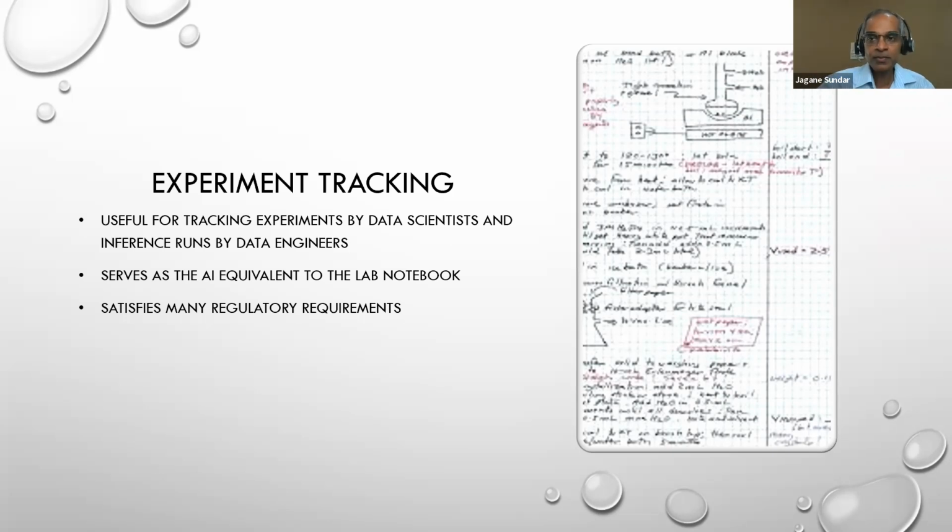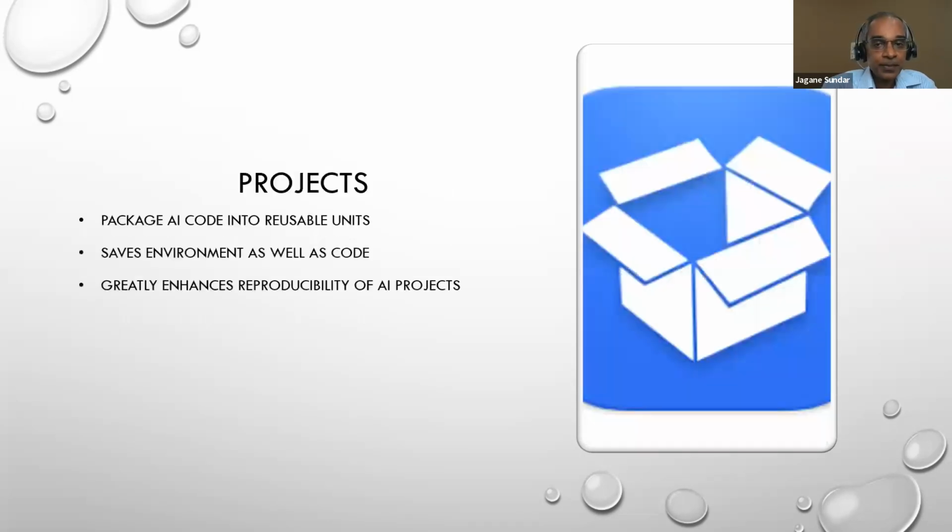You may need to be able to prove how you came up with the model. And the best way to do that is to track all your experiment runs using a system such as MLflow's experiment tracking system. Therefore, the experiment tracking system in MLflow, which integrates really well with things like TensorFlow and PyTorch, is a critical component of most industry AI users.